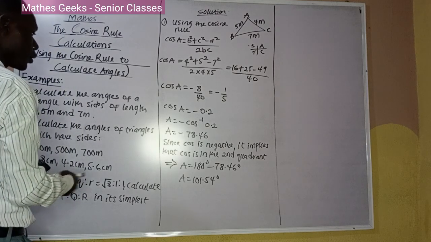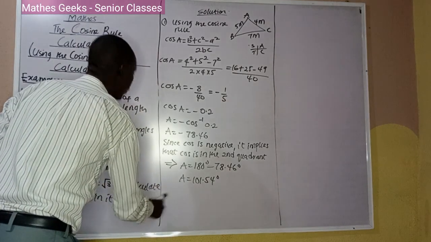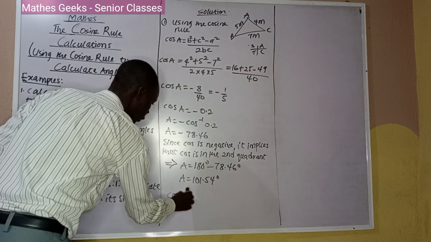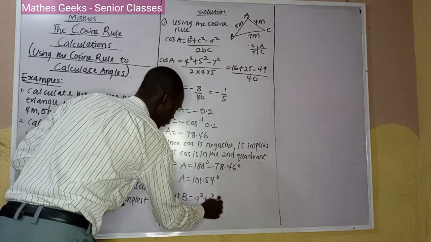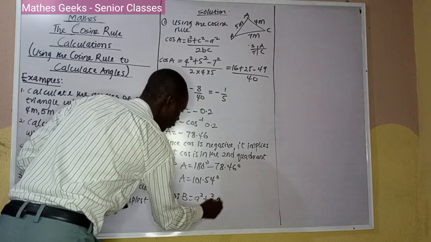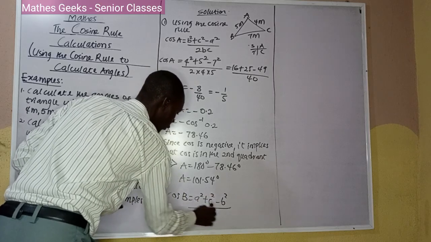So next is angle B. Cos B is equal to A squared plus C squared minus B squared over 2AC.